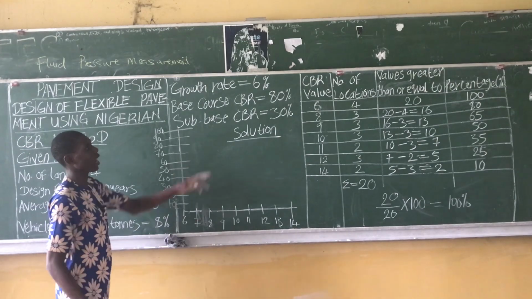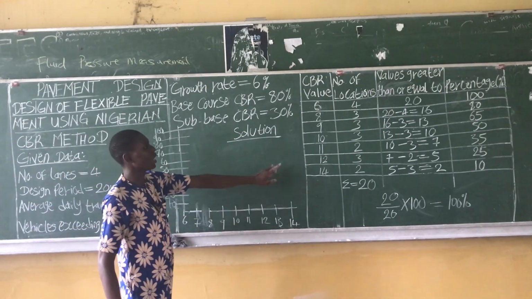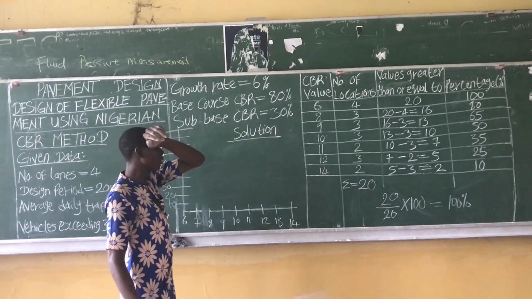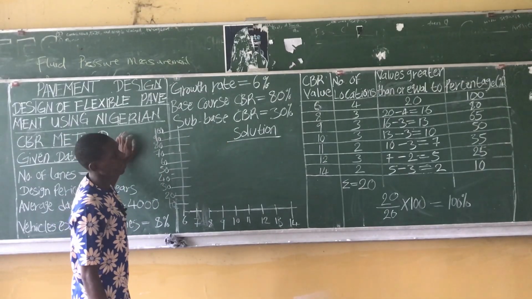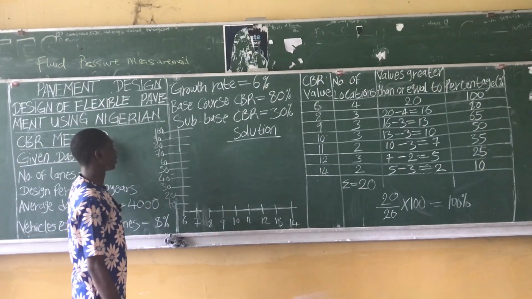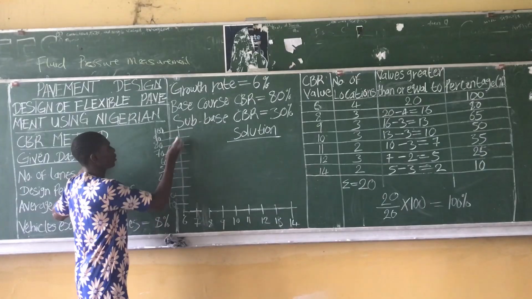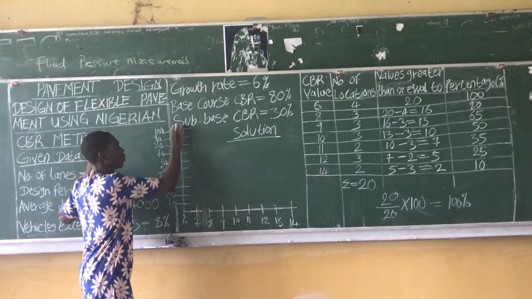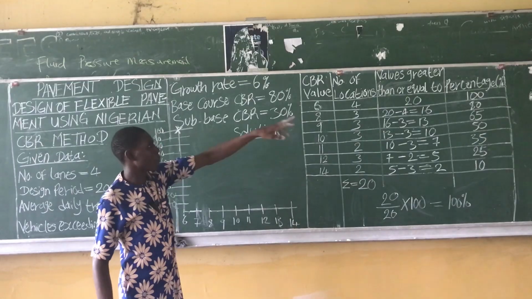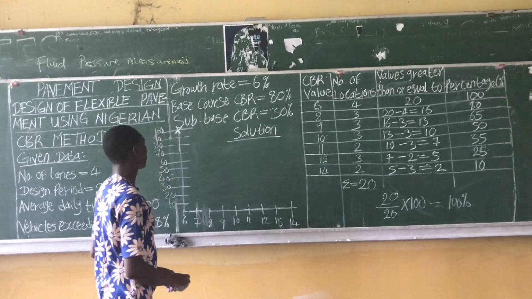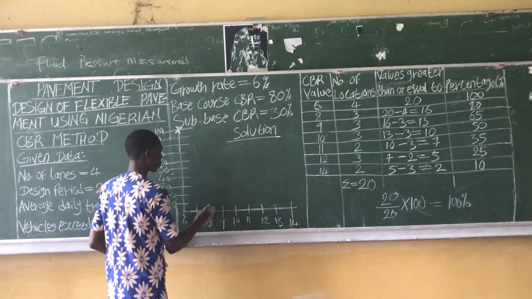So we'll be plotting our CBR value on the horizontal and our percentage on the vertical. So at the CBR value of 6, our percentage is 100. At the CBR value of 8, our percentage is 80%.